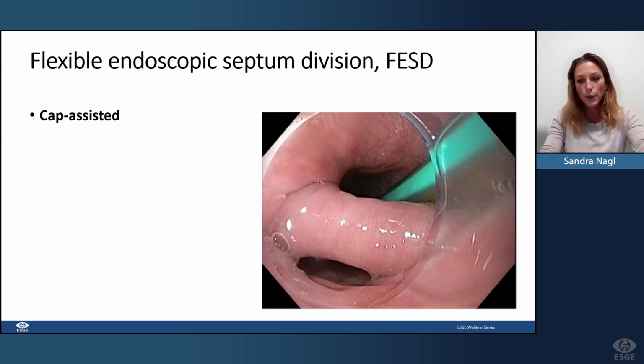Usually you can also use a nasal or orogastric tube or a guide wire, which you place into the esophageal lumen as a landmark during the septotomy. This enhances the safety of the procedure by ensuring accurate identification and protection of the esophageal wall.